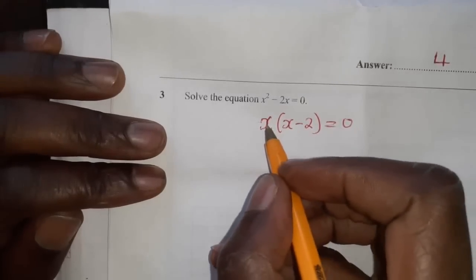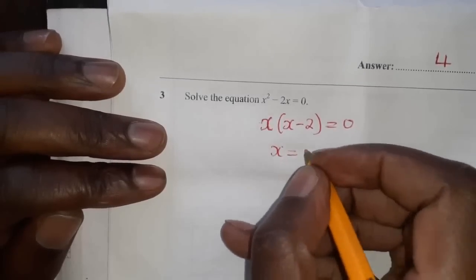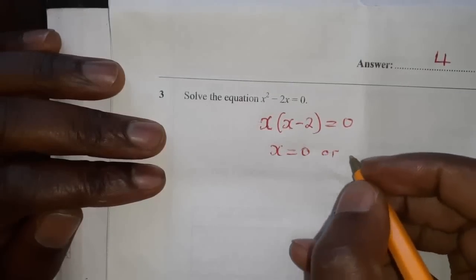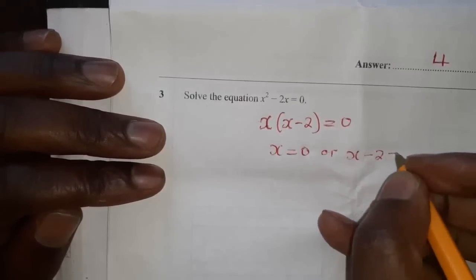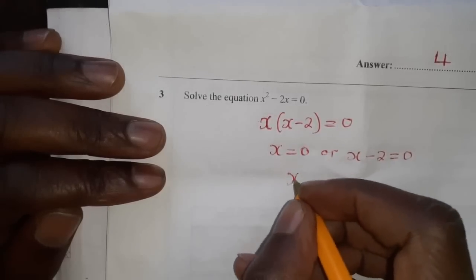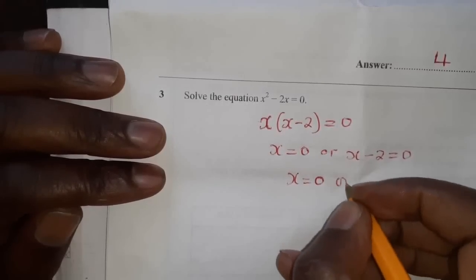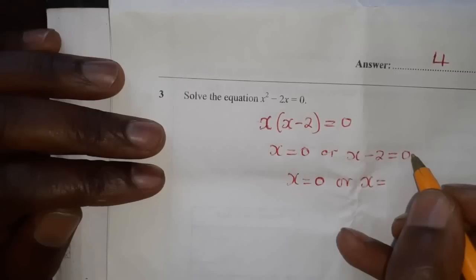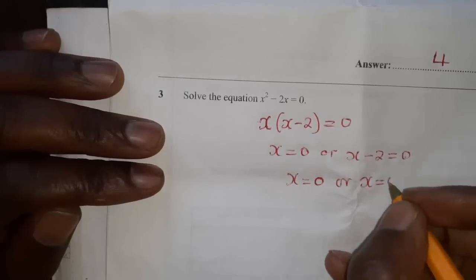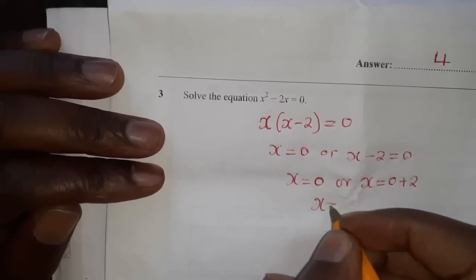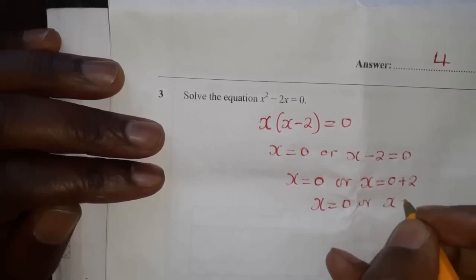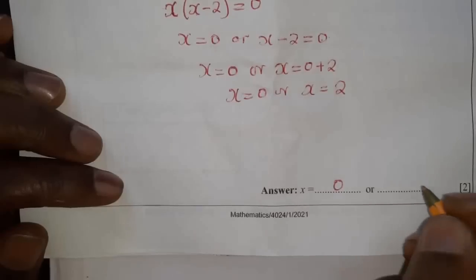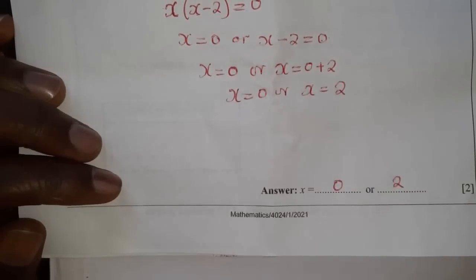The first one, you say x is equals to 0, or this factor that is in the brackets, x minus 2 is equals to 0 also. x is equals to 0, or x is equals to, this 2 must go to the other side, so it will be 0 plus 2. So I have x is equals to 0, or x is equals to 2. You've seen here, x is equals to 0, or x is equals to 2.